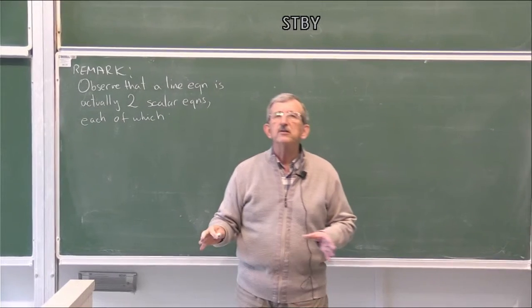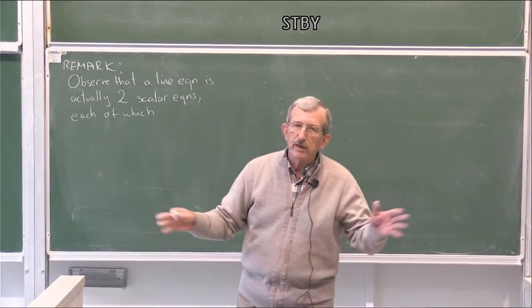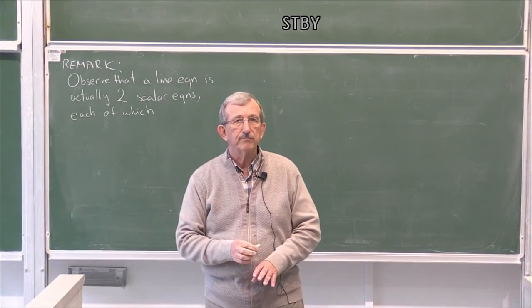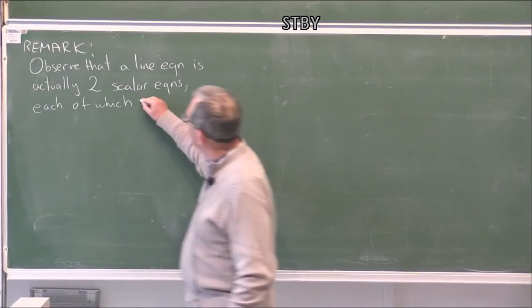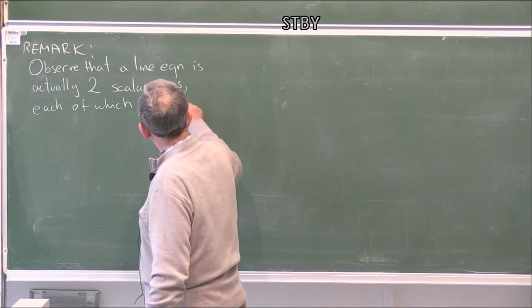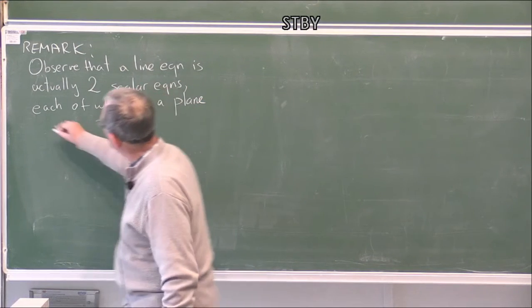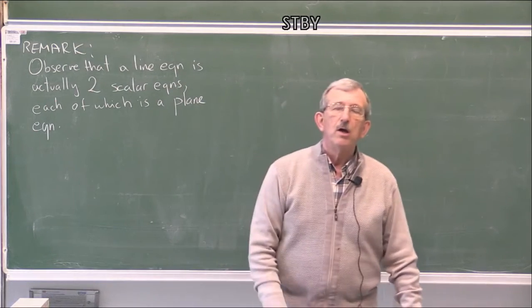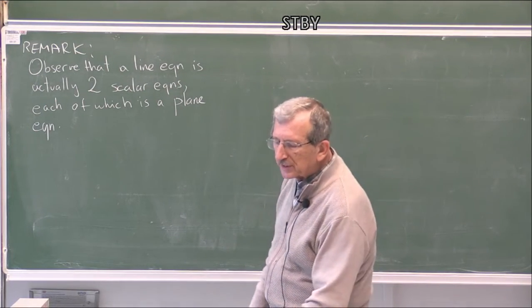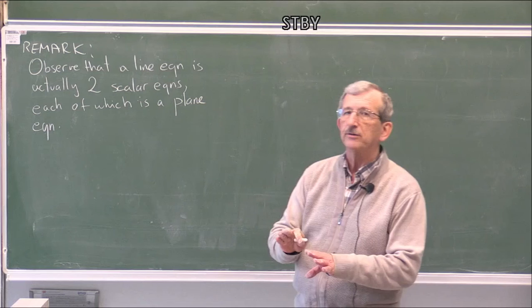No squares, no exponential signs, etc. So each of them is a plane equation. So this says that a line equation is actually two plane equations.